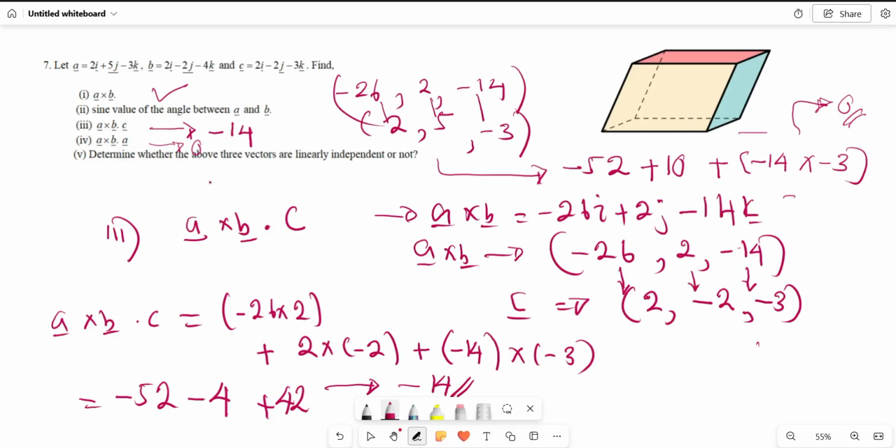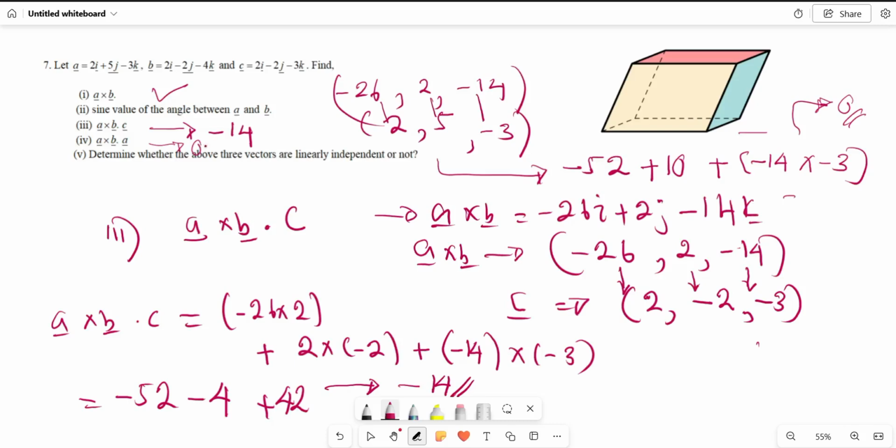Now, determine whether the above three vectors are linearly independent or not. Here for the cross product with one of the vectors you are getting a scalar triple product of 0, so those are coplanar. If it is 0, those are coplanar, and coplanar means they are linearly dependent. But for these three vectors, we are getting the answer as minus 14, which is a non-zero value.